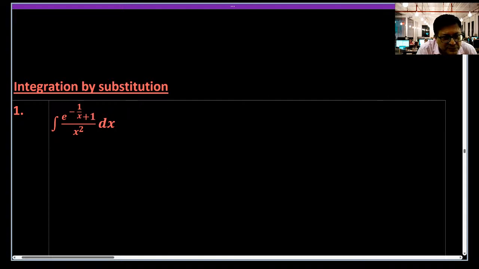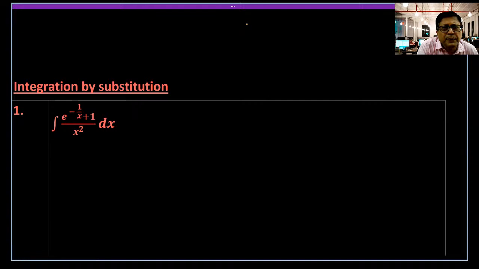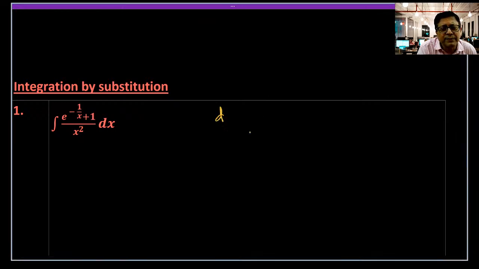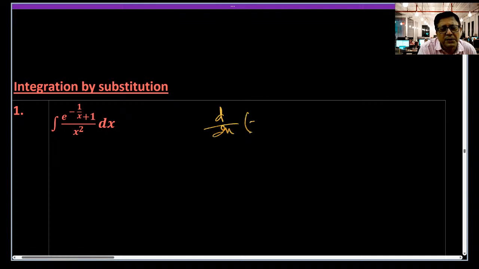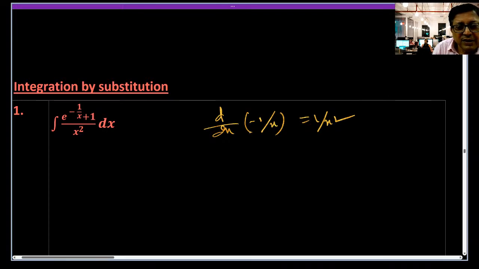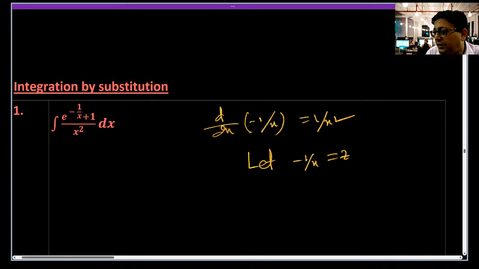Okay, let me do it. Before you do it, you can do some mental calculation. What mental calculation can be there? That derivative of minus 1 by x is 1 by x square. That we have seen. Derivative of minus 1 by x is 1 by x square. So if we take minus 1 by x as z, let this be equal to z.